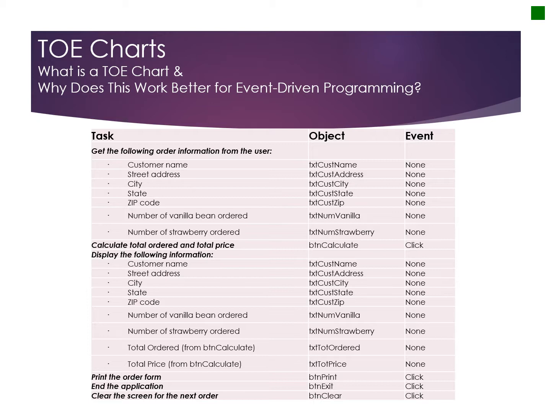But again, those text boxes don't have to wire up any events with code to make something happen, because it is clicking on the calculate button that is the event that we need to capture and that we need to provide code for. So as we go down, the tasks are mapped to objects, and each object can have one or many events to which it responds. We simply note the events for which some code must be provided to make something happen. In this case, we will be providing code that occurs when the button calculate is clicked, also when the button print is clicked, the button exit, or the button clear is clicked.